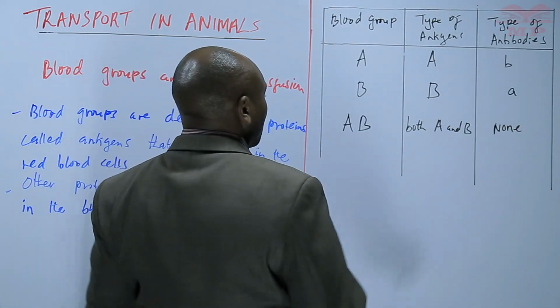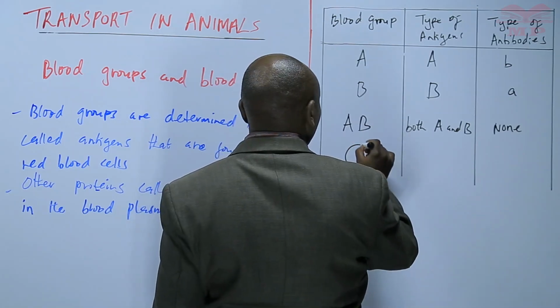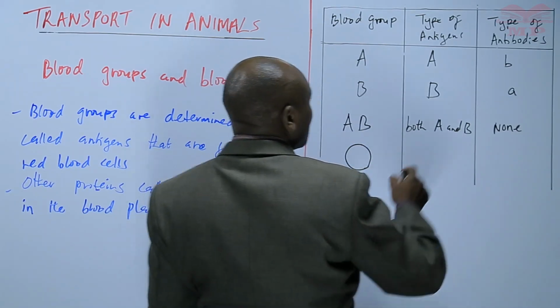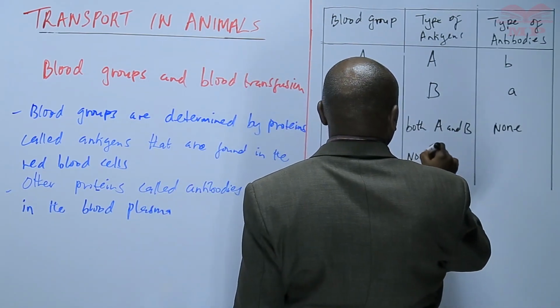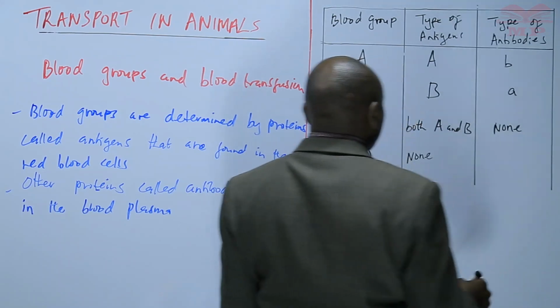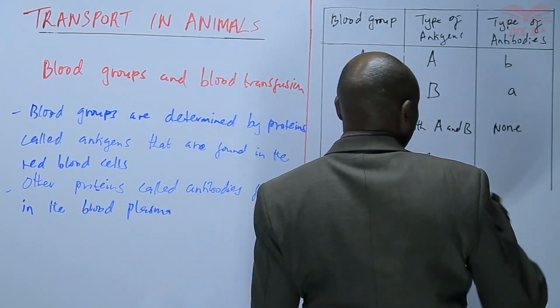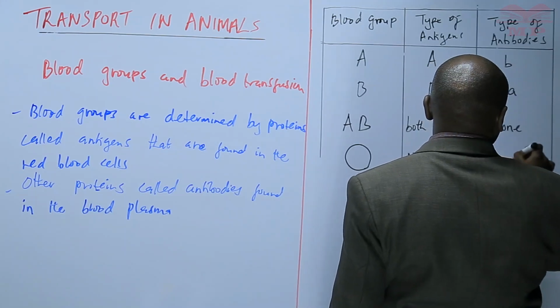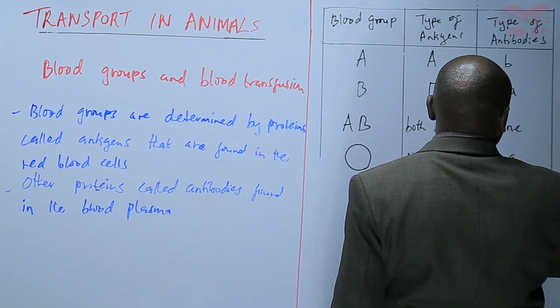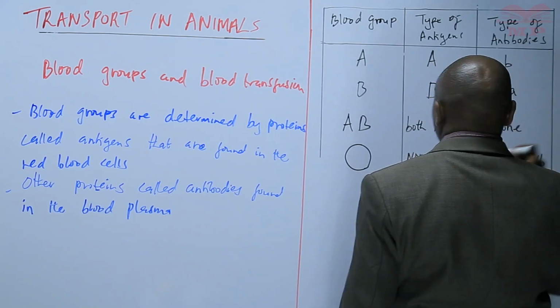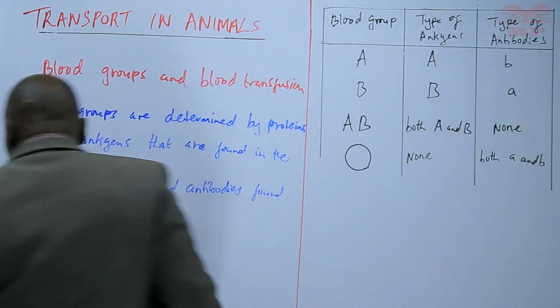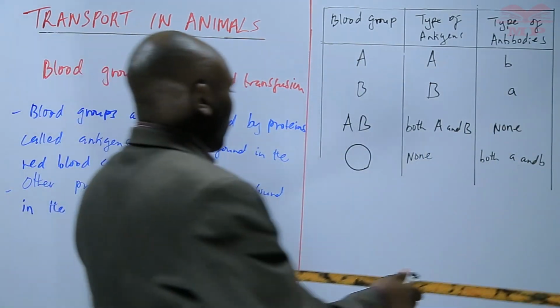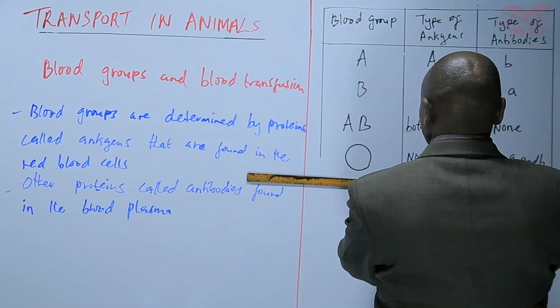And then we have blood group O. This one has no antigens, hence O. And for antibodies, it has both A and B. So that is basically the summary of the blood groups.